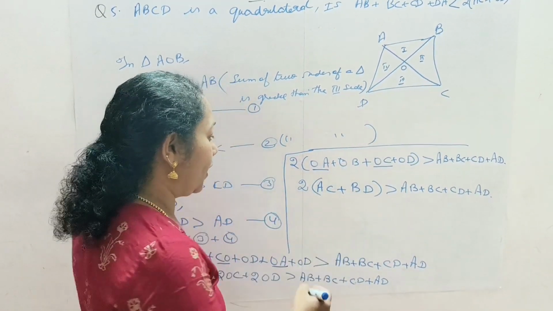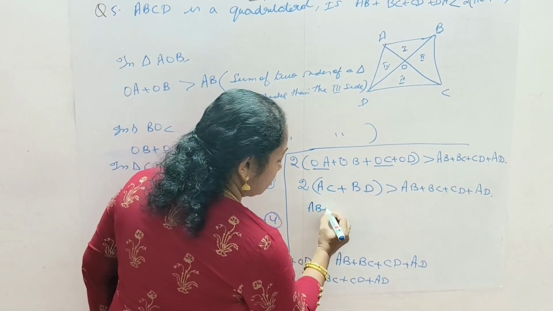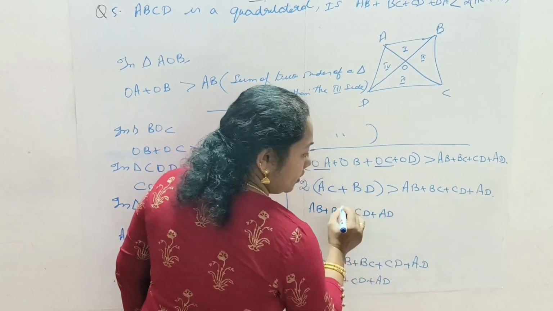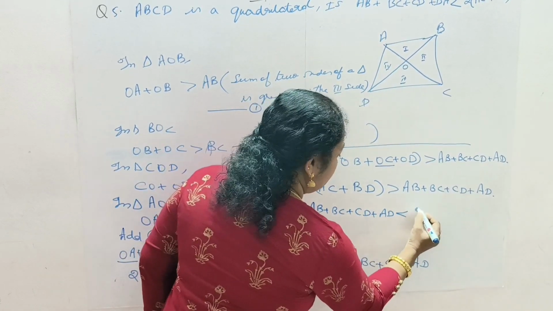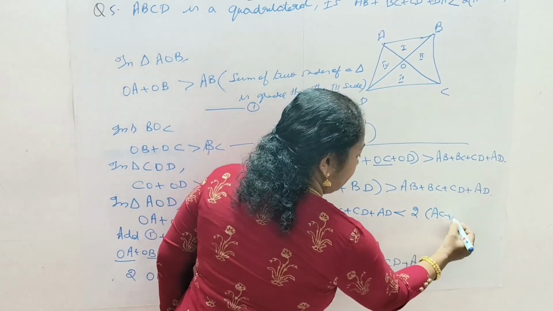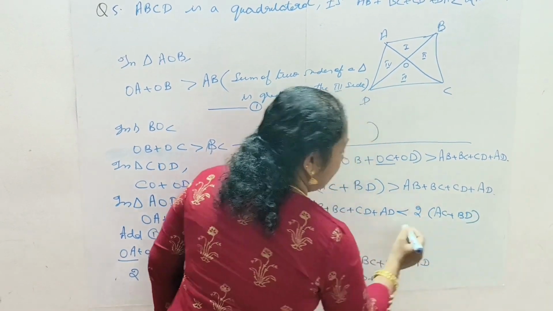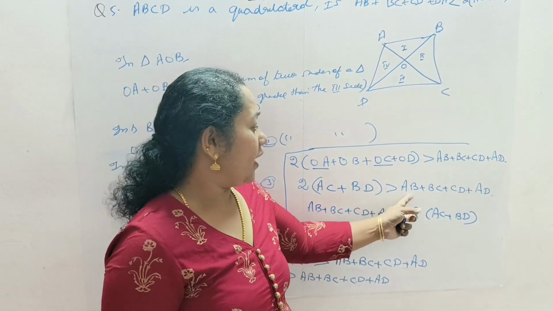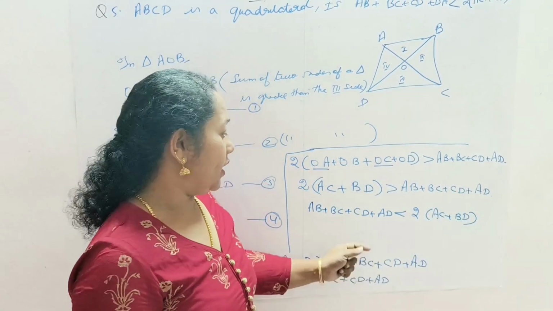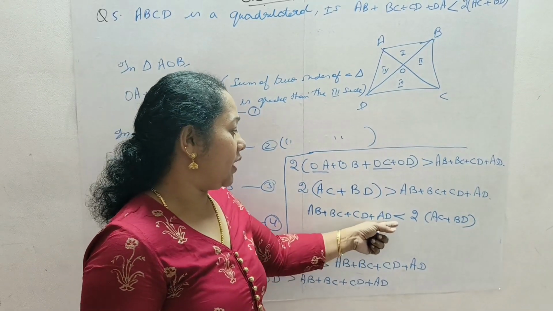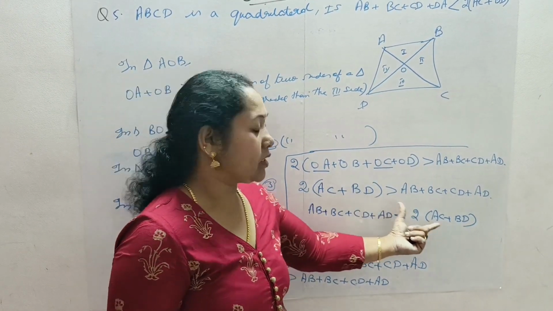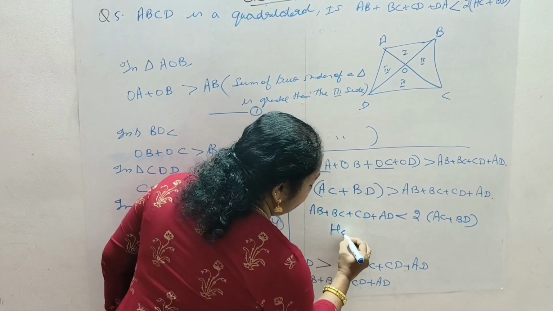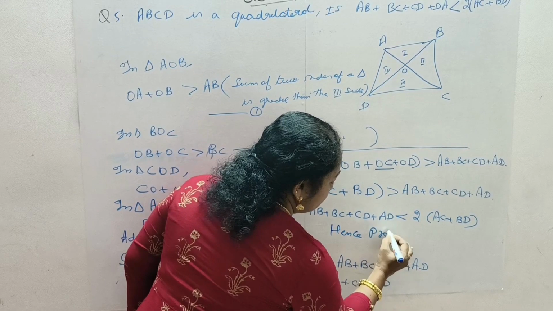That is, AB plus BC plus CD plus AD is less than 2 times AC plus BD. 2 AC plus 2 BD is greater than AB plus BC plus CD plus AD means AB plus BC plus CD plus AD is less than 2 AC plus BD. So now our proof is completed. Hence proved.